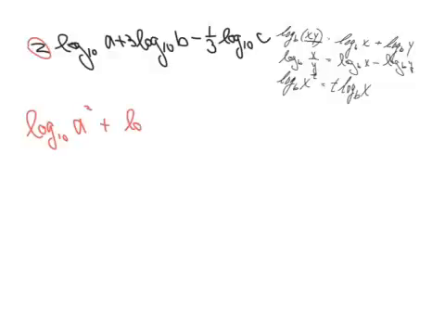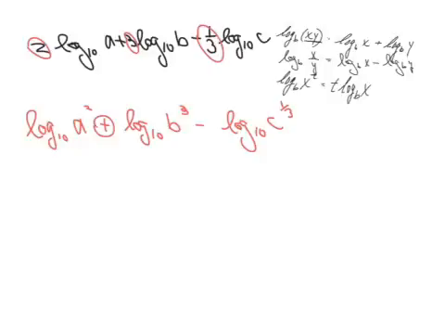And this is going to be log base 10 of B, and that 3 is going to go up there. Minus log 10 of C, and that 1/3 will go up there. Okay, so we've already moved things a little bit, and let's continue on.